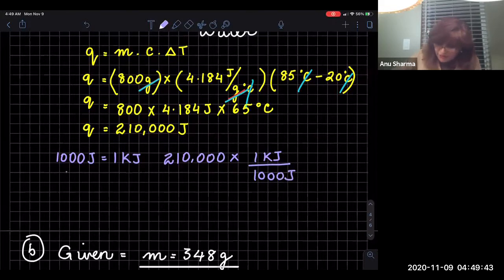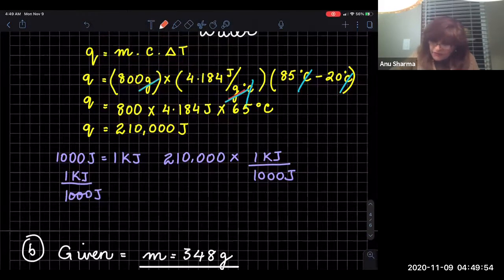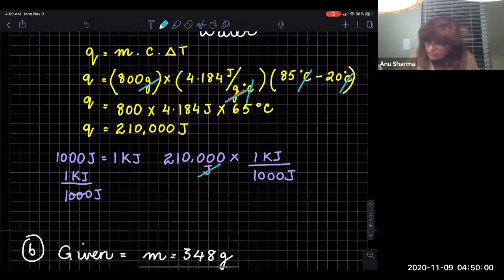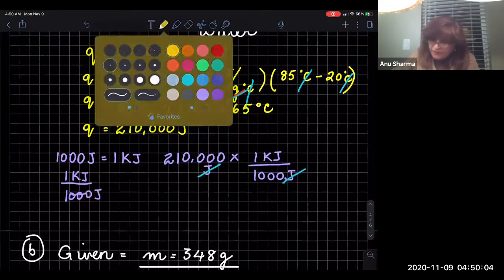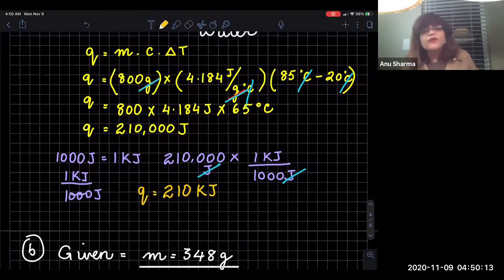Remember that this is going to be the conversion factor, 1 kilojoule over 1000 joules. Now you are going to cancel the joules and the joules, and you are left with 210 kilojoules as the value of the amount of heat.